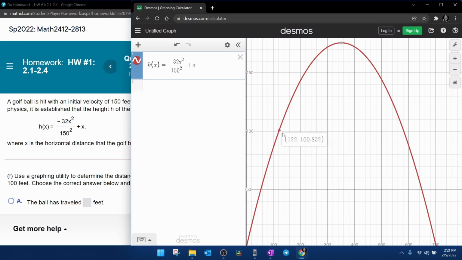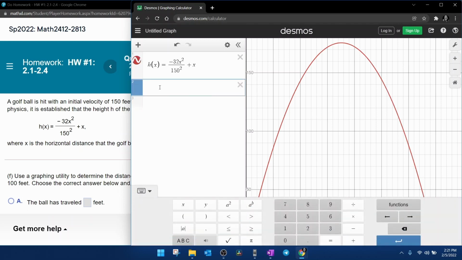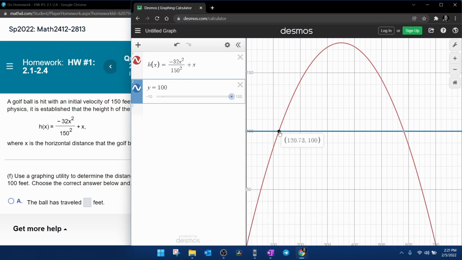It's going to be hard to figure that out exactly. So the way we can do that exactly in Desmos is we'll just type in the equation y equals 100, and then where those graphs intersect, look at that, is going to give me the x-coordinate where the ball is at a height of 100.